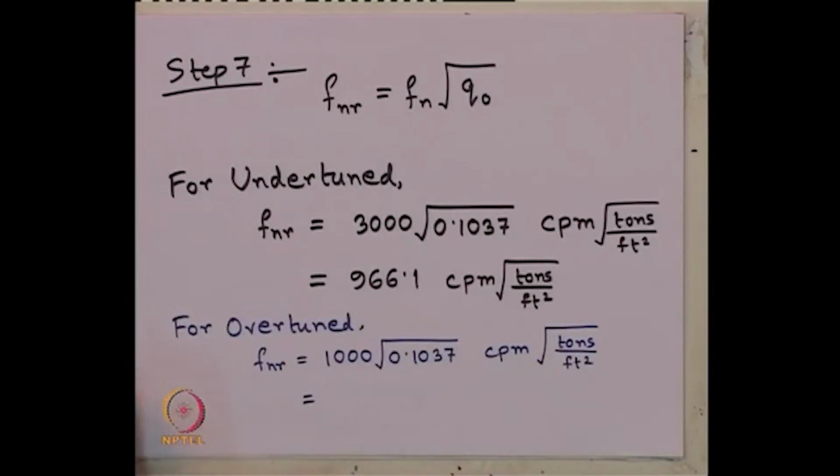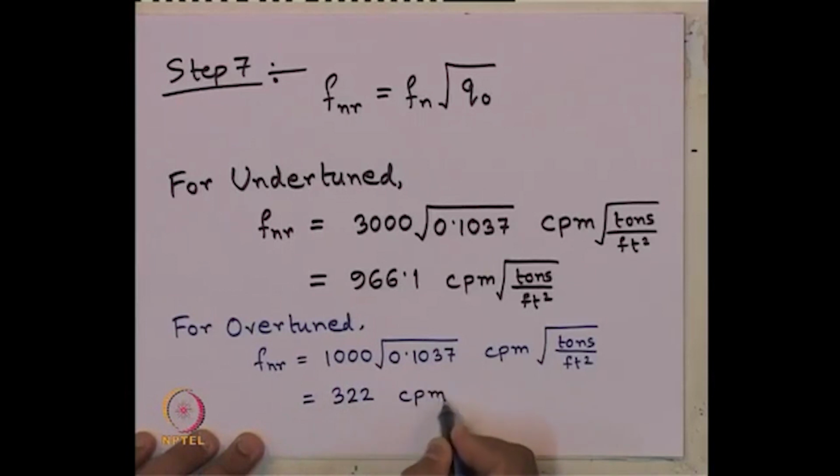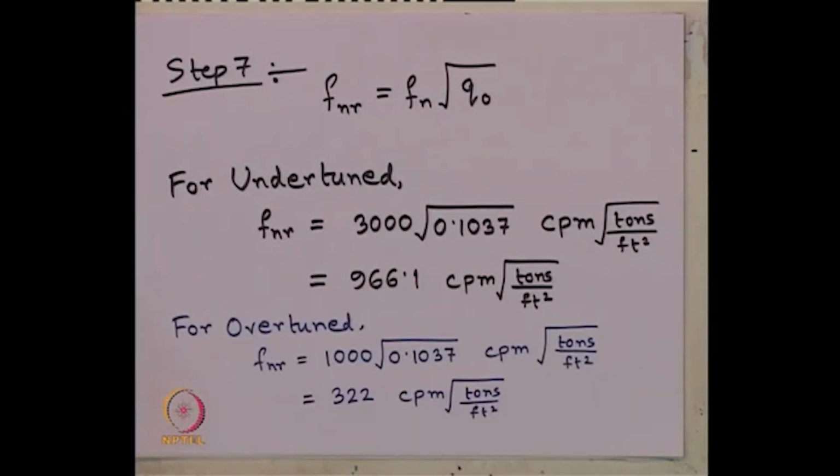So, how much it is giving us? About 322 CPM root over tons per feet square. Okay? So, this is step 7.